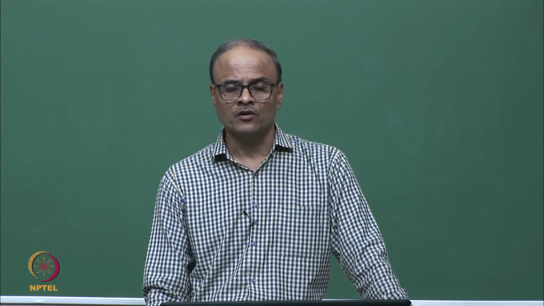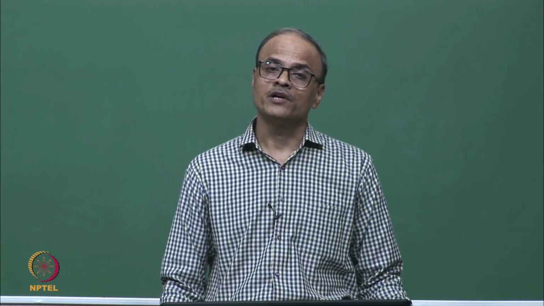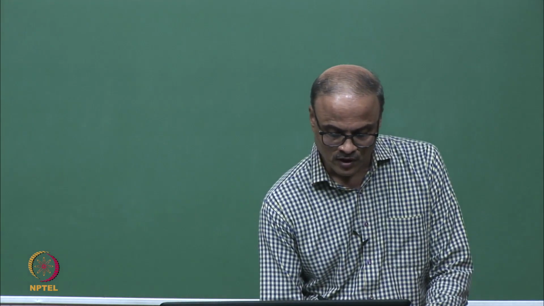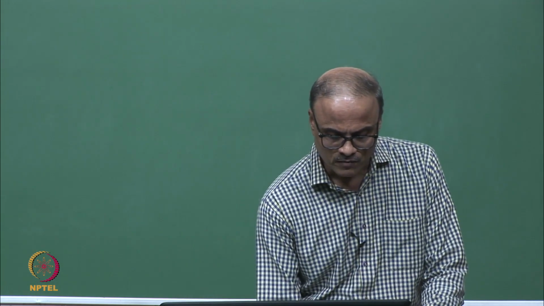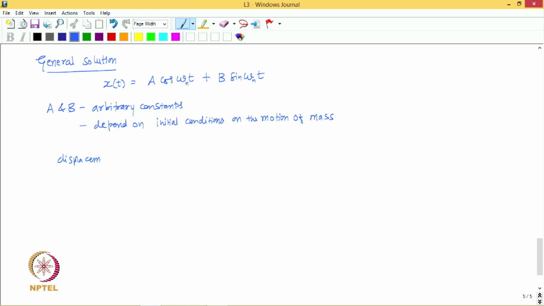So, the fact that the system is second order is manifested in the fact that there are 2 arbitrary constants in the solution. Therefore, we require 2 variables to be specified, and generally the displacement and velocity are specified as the initial conditions. So, the dynamic state of the mass is specified by specifying the initial conditions on the displacement and velocity.